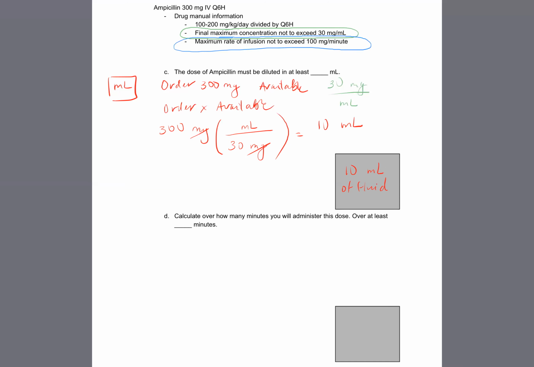Because as you can see, we've already used 100 to 200 milligrams per kilogram per day for our safe dose range. The final maximum concentration is to figure out how many mLs to dilute the medication in. And the maximum rate of infusion is how fast you're going to go ahead and either IV push the medication or you're going to set up your pump.